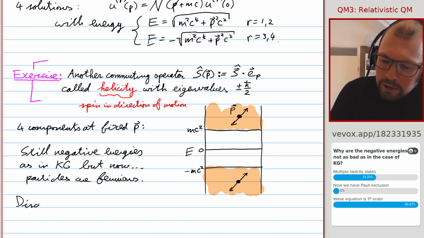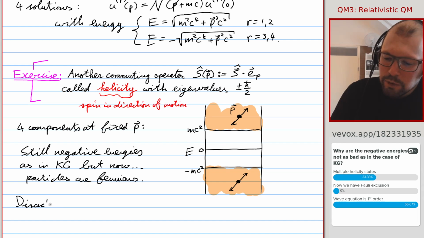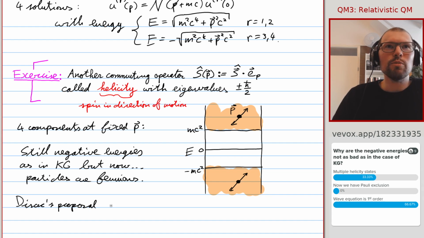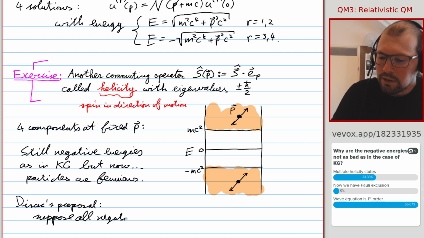And what was Dirac's proposal here? Let's just block all negative energy states. So suppose all negative energy states are occupied.